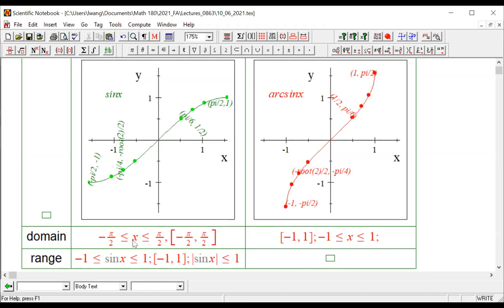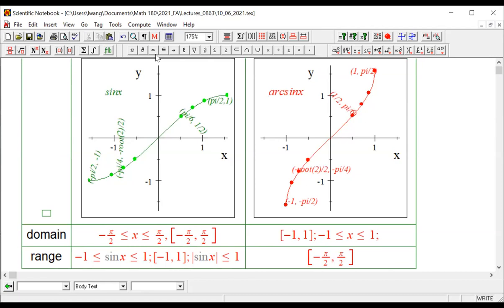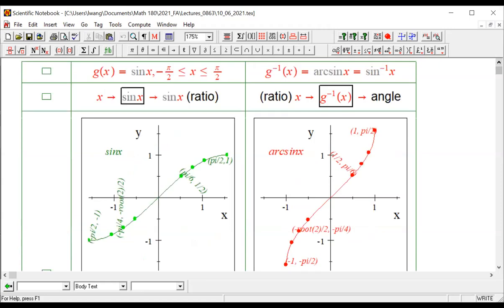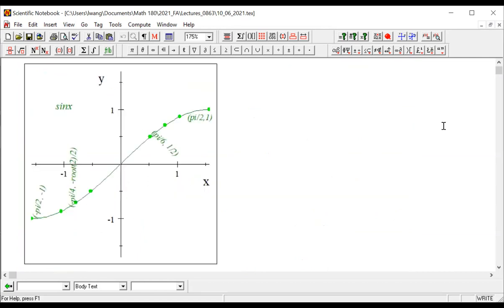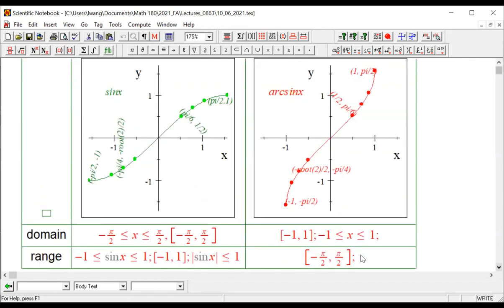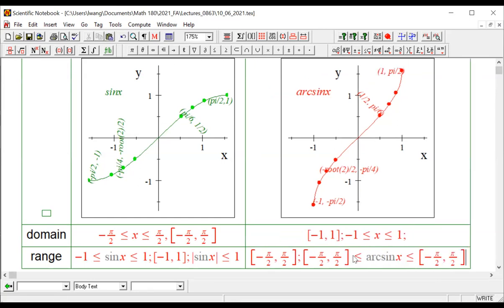What will be the range? One's domain is the other's range. So the range for ArcSine is going to be between -pi over 2 and pi over 2, and I'm going to give you 2 more forms. The 2 more forms would be this guy: between -pi over 2 and less than or equal to +pi over 2.